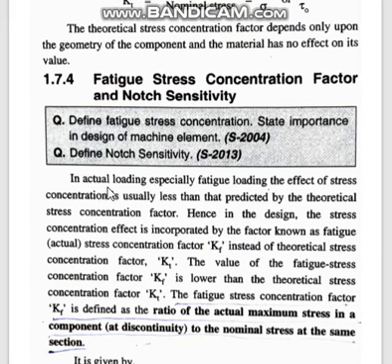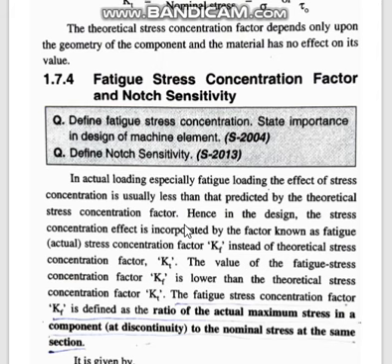See, in actual loading, especially in fatigue loading, the effect of stress concentration usually is less than that predicted by the theoretical stress concentration factor. The factor predicted theoretically is more, but in actual practice the stress concentration is lesser compared to the theoretical one.